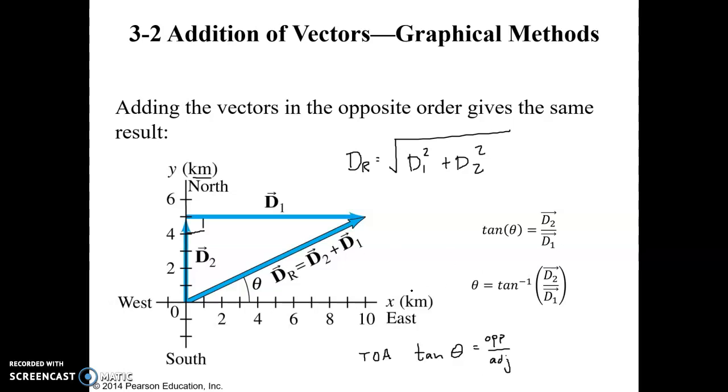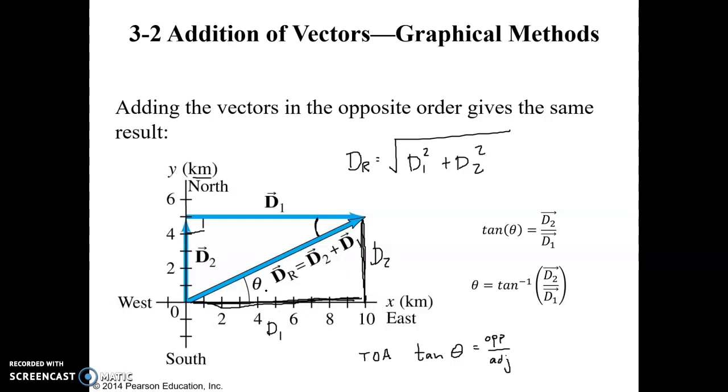So the opposite side, I know we're looking at this angle right here, but that's the same as this angle here by the alternate interior angle theorem. Or we could think of it as taking d2 and moving that over here. I could put d2 over here on this side and take d1 and move it down here. Still keeping its same direction, not changing its angle. We're just sliding it straight down. So there's d1, there's d2.